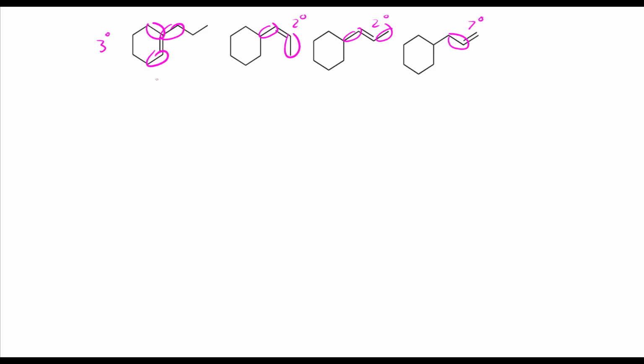So automatically we know that 3 is going to be better and 4 is going to be the worst because it's a primary, right? And now we have the issue of these secondary ones, right? The di substituted. Which one is better? Well, you know, it's actually this one. Why? Okay, well, let's do this.